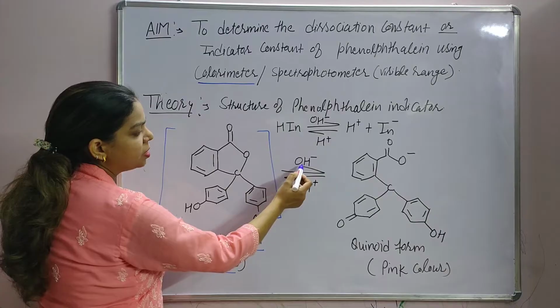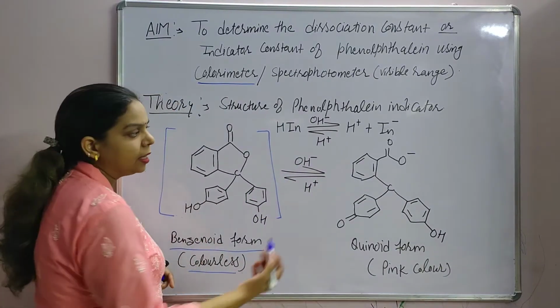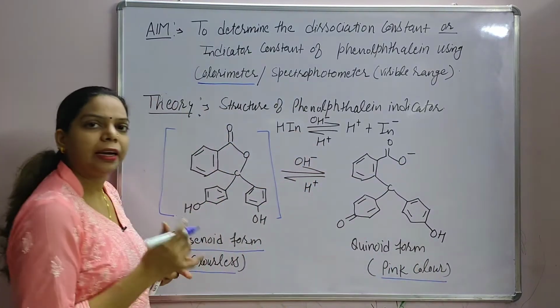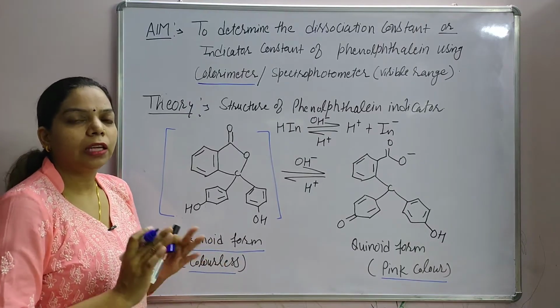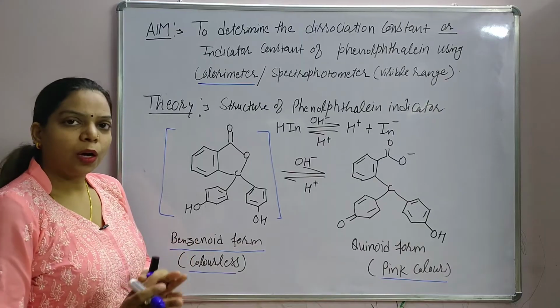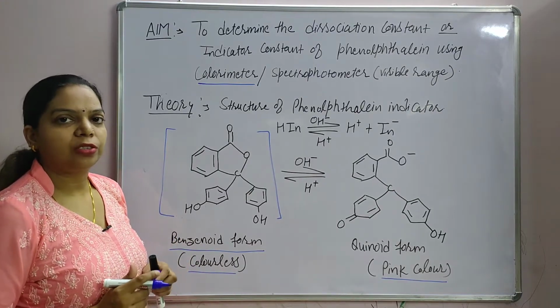When in the presence of a base, it undergoes ionization. Its ionized form is pink in color. So whenever phenolphthalein gets ionized in the solution, it gives pink color. So that's why we can find out the end point while doing acid base titrations.